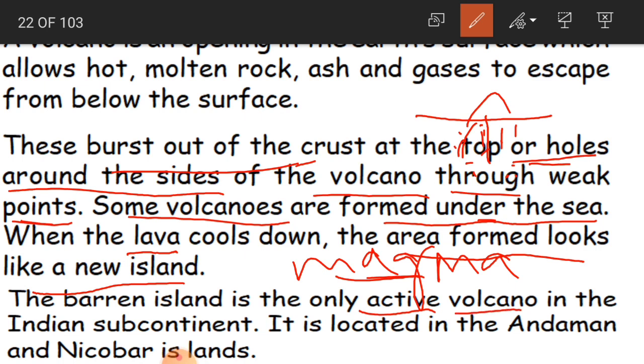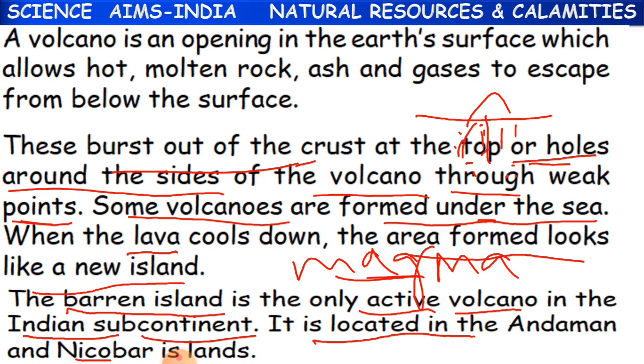So this active volcano is called Barren Island, and it is the only active volcano in the Indian subcontinent. And where is it? It is located in the Andaman and Nicobar Islands. Clear, children? Okay, so which is the island located in the Indian subcontinent? Barren Island. Okay, and it is the only active volcano.